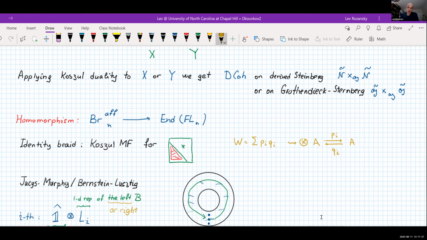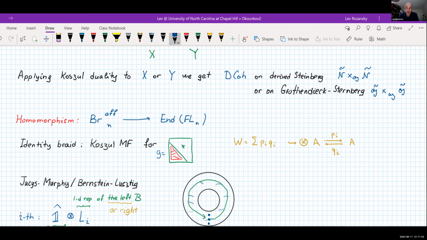So to represent identity braid, your Pi's are strictly lower triangular entries of the matrix G, the position of the second flag. If you kill the lower triangular entries, then your second flag also becomes standard up to Borel.